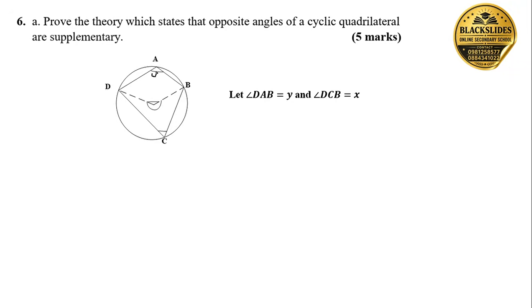So let's call this Y. And the angle DCB, this one here, call it X. So we've labeled angle DAB as Y and DCB as X. These are the angles that we are going to be referring to.